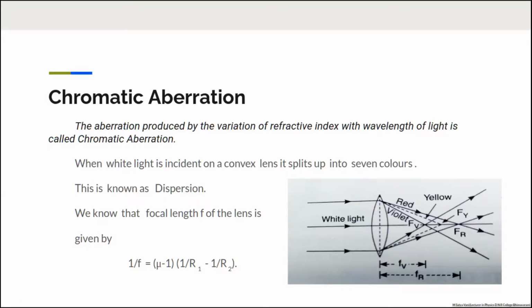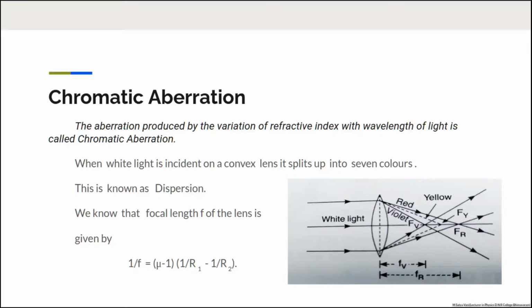First of all, I discuss chromatic aberration. Chromatic means color. This defect arises due to color. We know that white light is a composite light. When it is incident on a convex lens, it splits up into 7 colors. This phenomenon is known as dispersion.